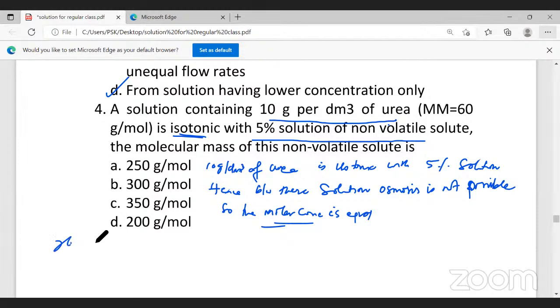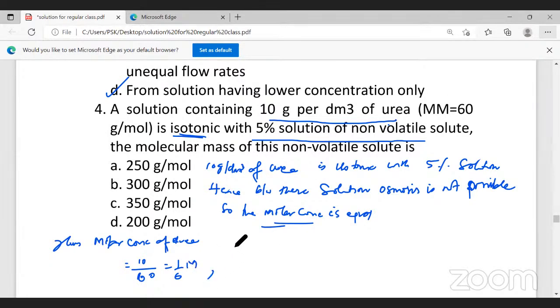Thus, molar concentration of urea is 10 divided by 60, that will be equal to 1 by 6, because 10 grams they give and molecular mass of urea is 60. That is 1 by 6 molar.